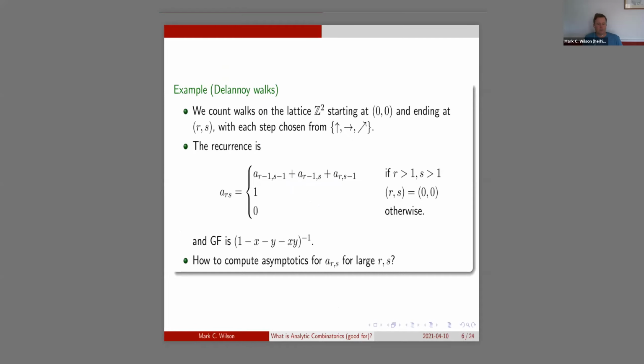Well, there are, but if you think about the path, and then you think about all of the path except for the last step, how many ways can you get to RS? You either get to R-1, S or R, S-1 or R-1, S-1, and then you do one of the steps from the step set. That's all that's saying. There may be other recurrences you could write, but that's the most obvious one. Thank you.